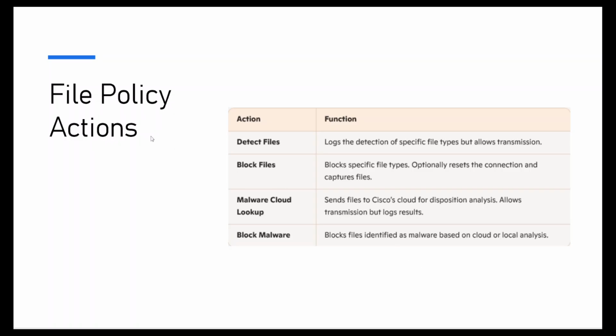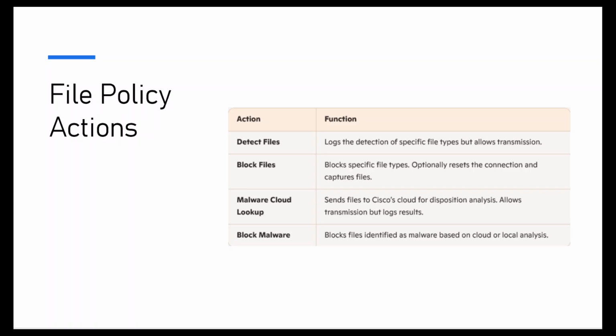Now, next is file policy actions. There are four actions you can configure in a file and malware control policy. First action is detect files. This option only detects files. It cannot block them and cannot do any other kind of analysis on them. Just a detection.